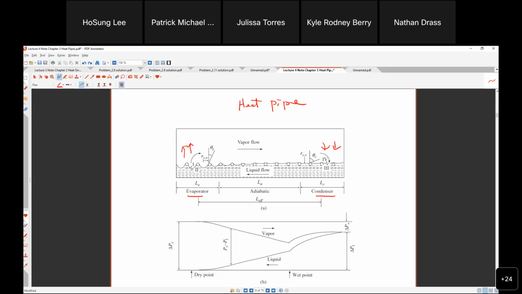Which pressure is higher? Answer 1 or 2. Pressure 1 and pressure 2, on the evaporation side, the curvature inside is 1. Anyone?